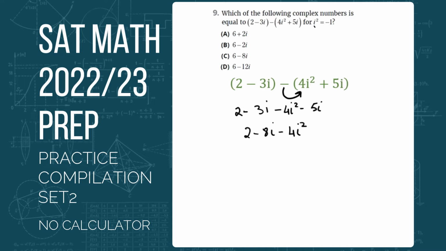Now we're given that i squared is equal to negative 1, so let's replace i squared with negative 1. Then we get 2 minus 8i minus 4 times negative 1. So we have 2 minus 8i plus 4. And we'll be left with 2 plus 4 is 6, minus 8i, which is your answer, which is C.